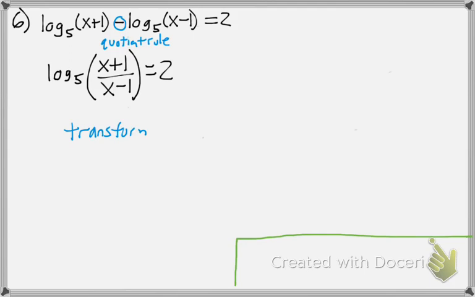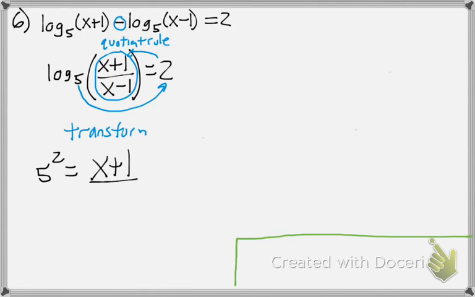So if you take the 5, raise it to the 2, and set it equal to the entire inside, then that's going to be 5 raised to the 2 is equal to x plus 1 all over x minus 1.